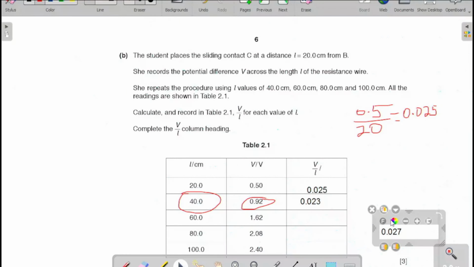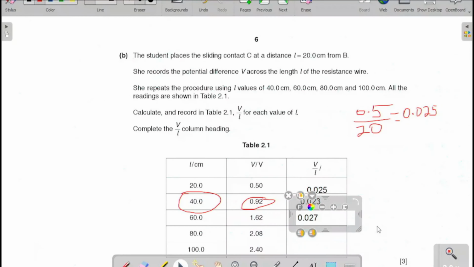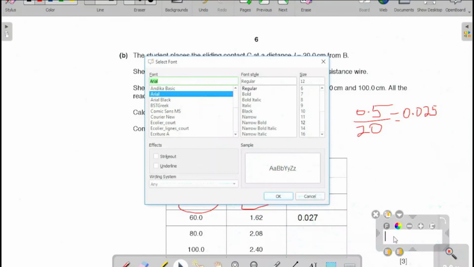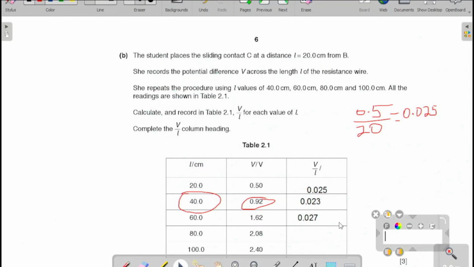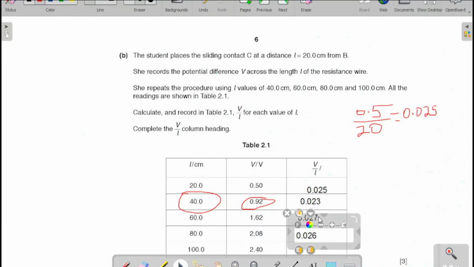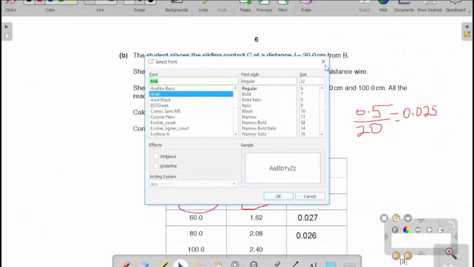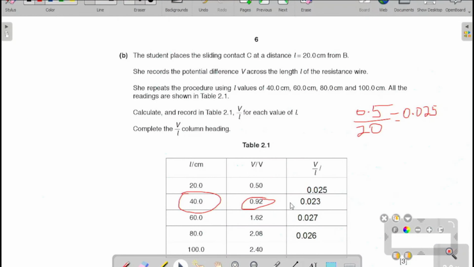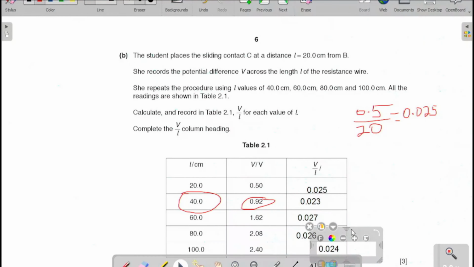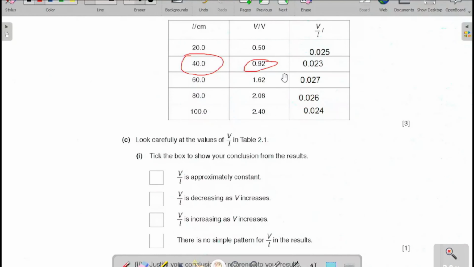The next one is 0.026, and the last one is 0.024. Okay, so we have our values now.